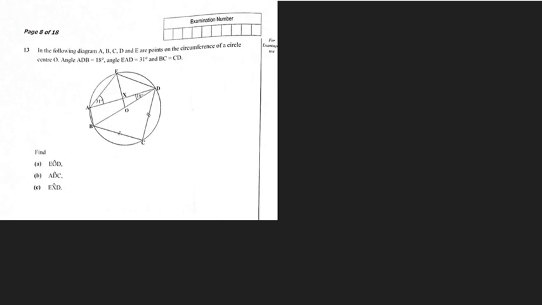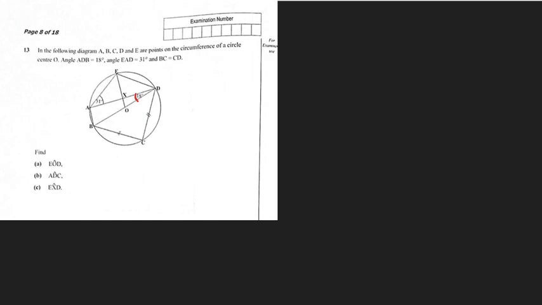In the following diagram, A, B, C, D, and E are points on the circumference of a circle, center O. Angle ADB is equal to, so let me see, we have this angle which is ADB. They're saying that this angle is 18 degrees.